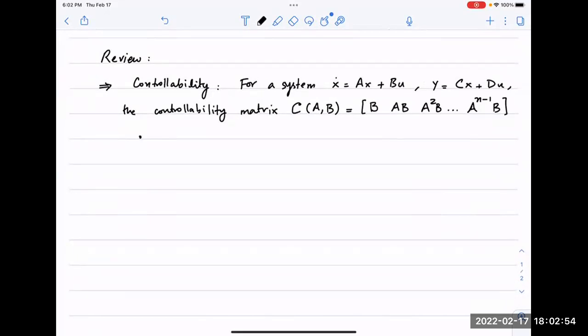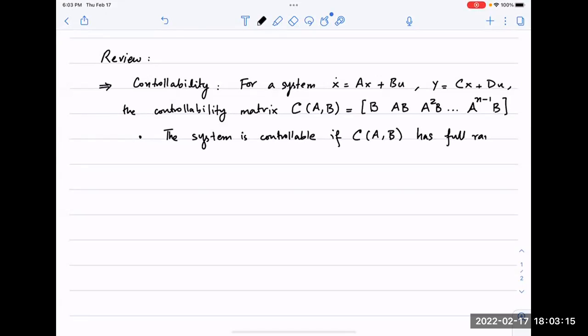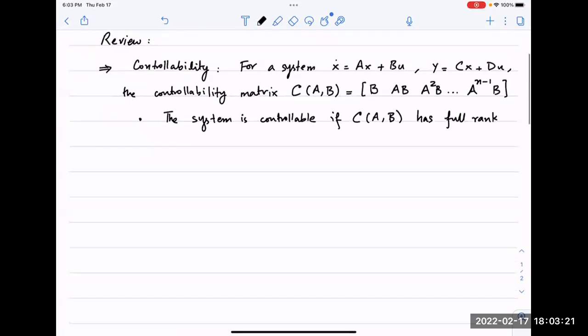We said that the system is controllable if the controllability matrix has full rank. If this controllability matrix has full rank, then it is controllable, or completely controllable, in other words. In the previous lectures, we have seen cases where systems are not completely controllable, so you could always get a decomposition of a controllable subsystem.